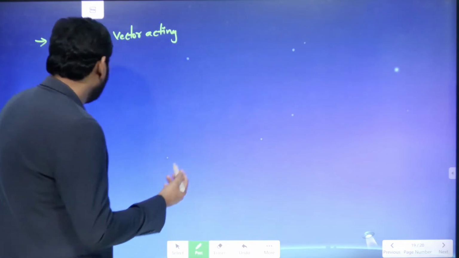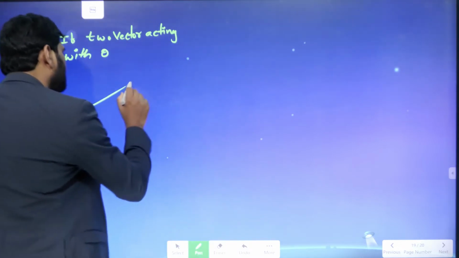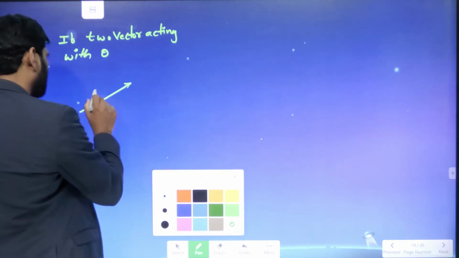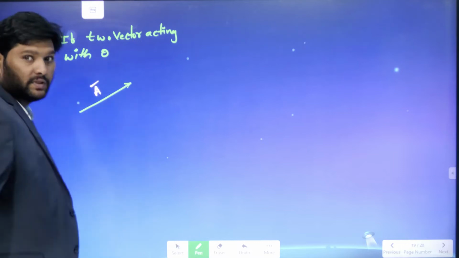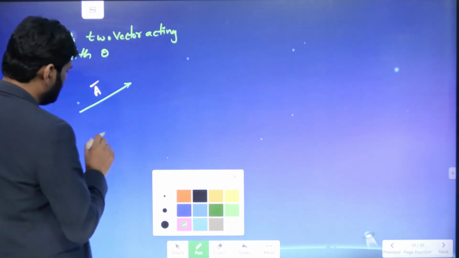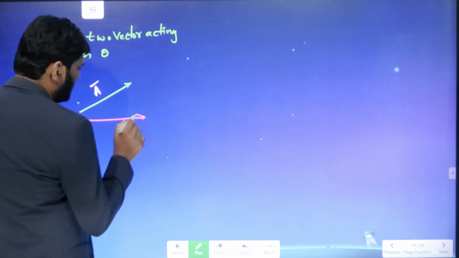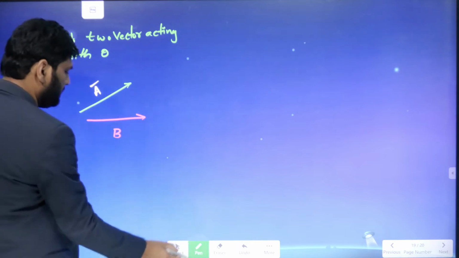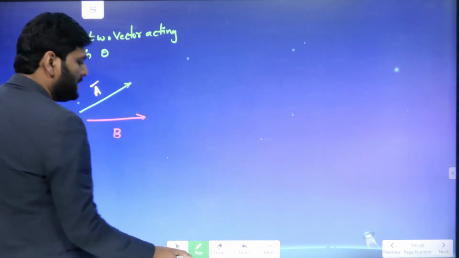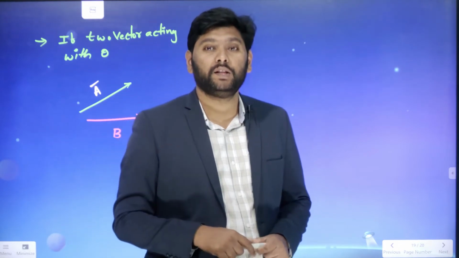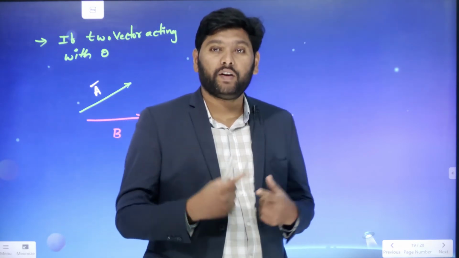Now see, children, this is your one vector, you can take this vector as A bar. Understand? Now I'll take one more vector. This is your one more vector B. Now I want the vector addition between these two vectors. How do you take vector addition?